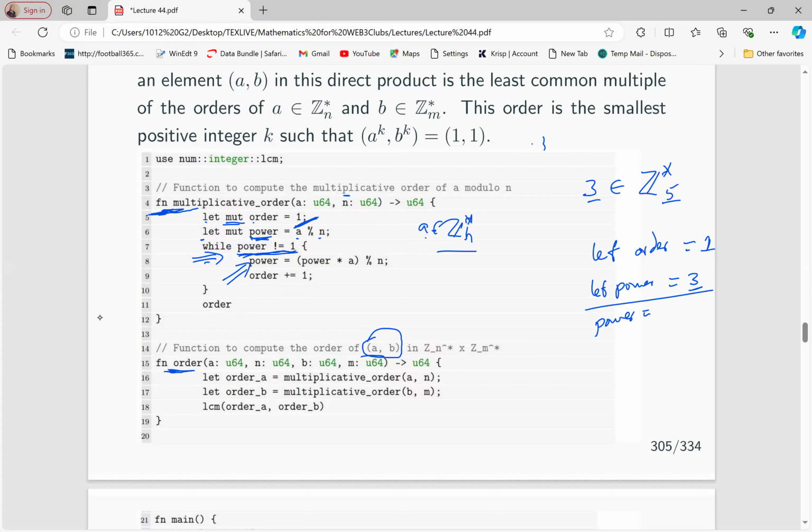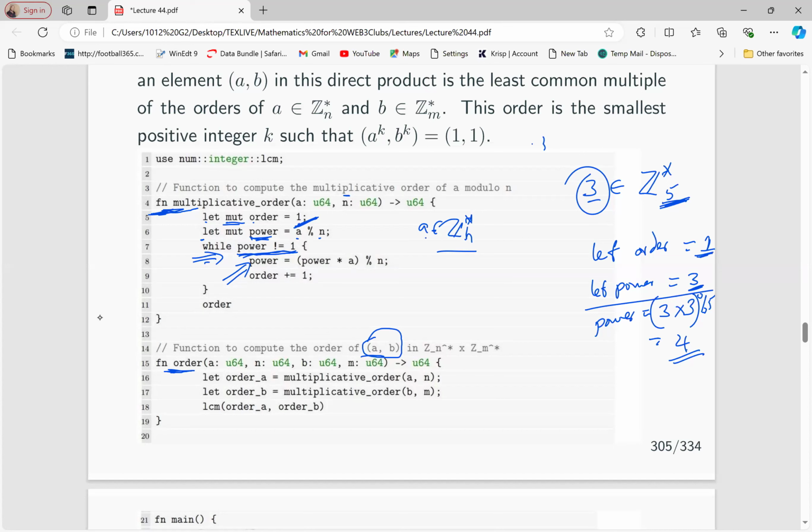The new power will be the power we already have, which is 3, multiplied by A, and our A is 3. The result is divided by N, and our N is 5. Then you write the remainder. The remainder is 4.